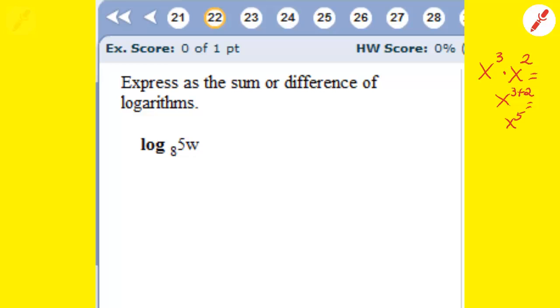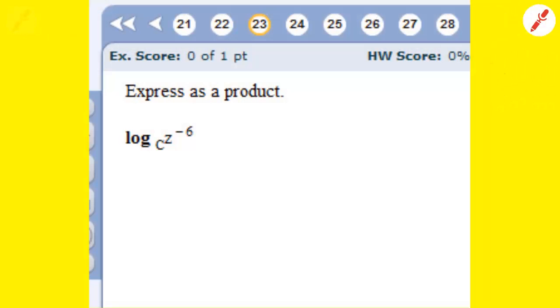So it stands to reason that if you're taking the logarithm of a product, you're going to break it apart into a sum. You're going to add. That's precisely what we're going to do. Log base 8 of 5 plus log base 8 of w. Okay, let's move on.